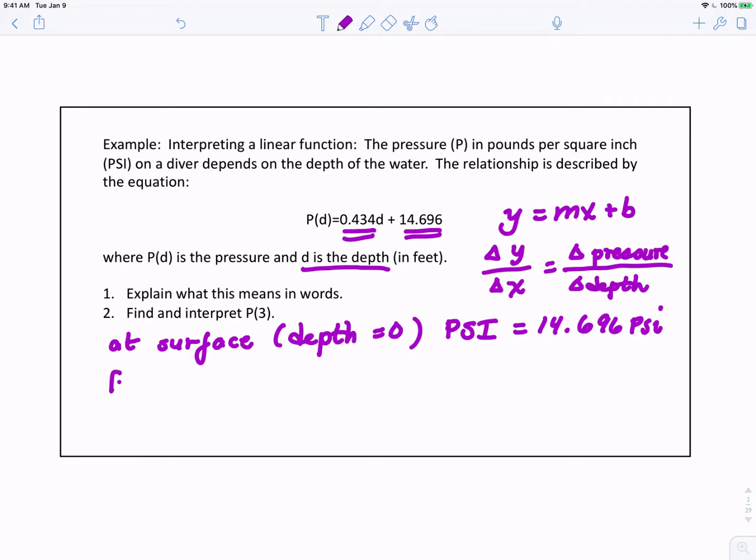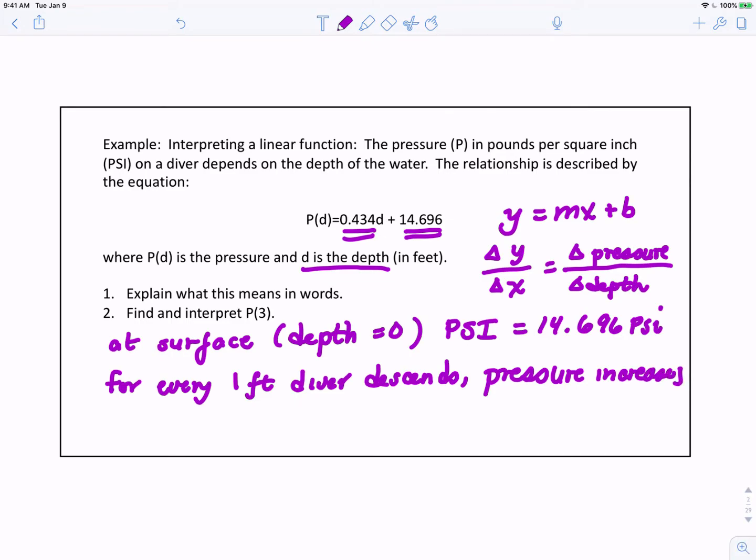So for every foot that the diver descends, we know that the pressure increases by 0.434 psi, pounds per square inch. So that would be what the function means in words.